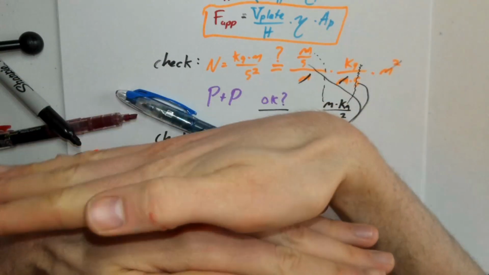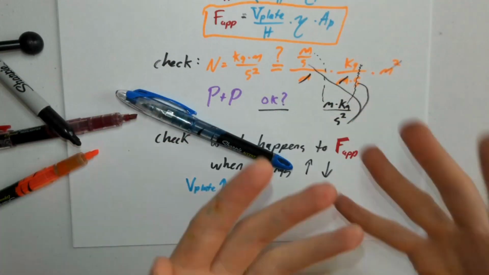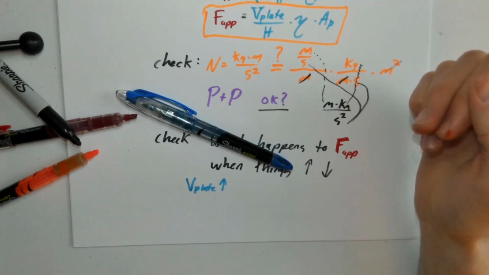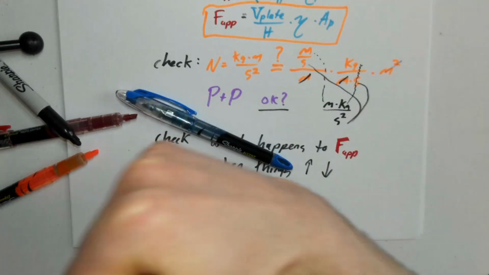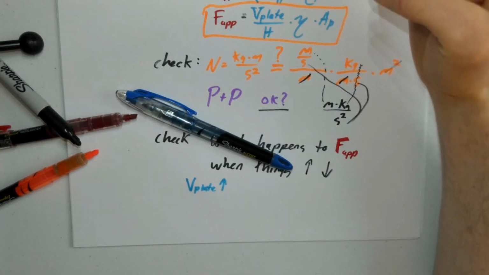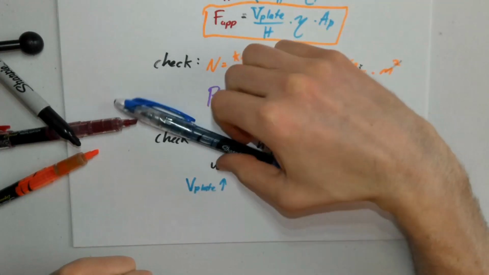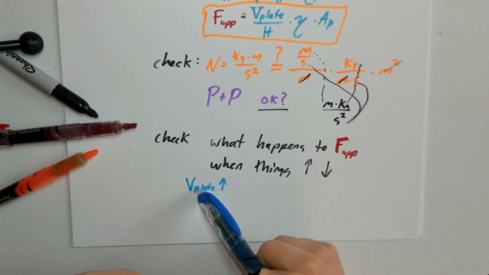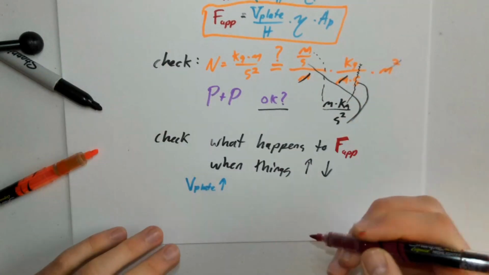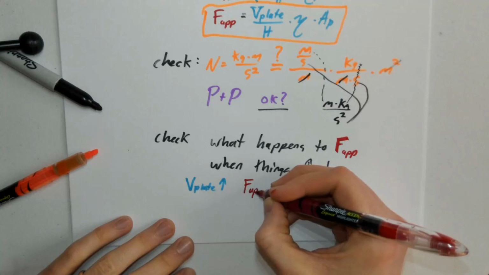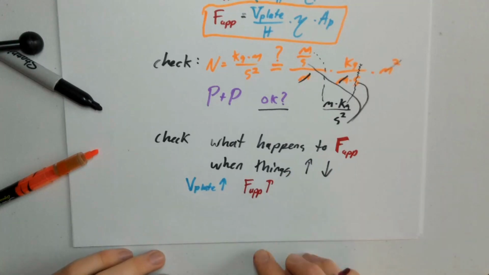If you're swimming through the water, or trying to drag something through some viscous liquid, it requires a lot more force to make that happen faster than slower. So as the velocity of our plate increases, our required applied force needs to increase proportionately.